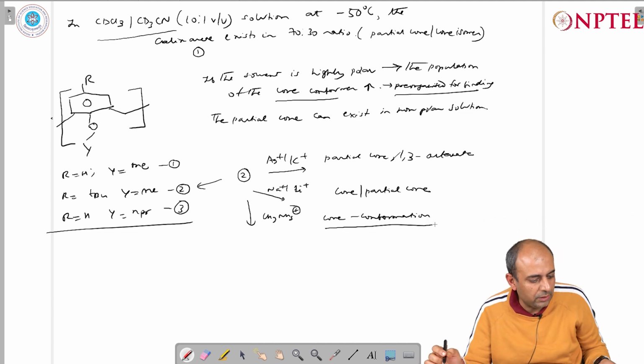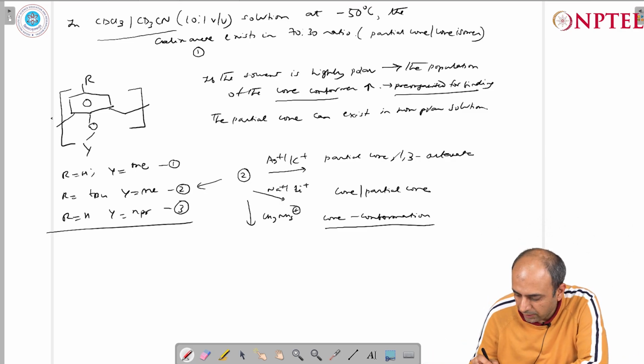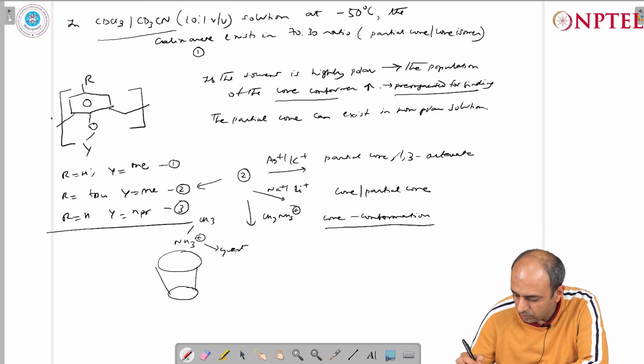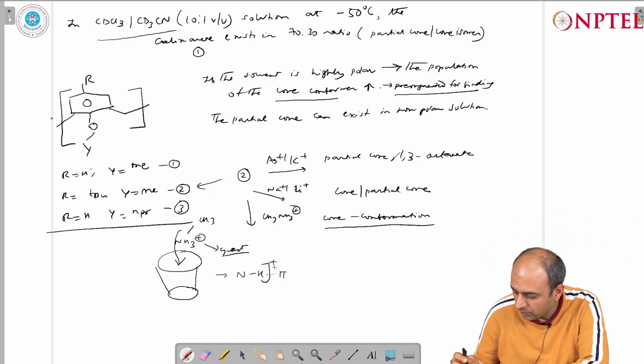In the cone conformation, what has been observed is that the NH3 plus group, which is actually the guest molecule, can now enter inside the cavity which is created by the calixarene and get stabilized by NH-pi hydrogen bonds.